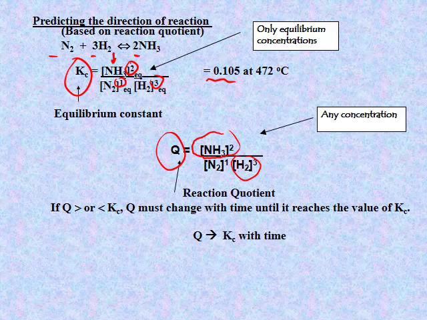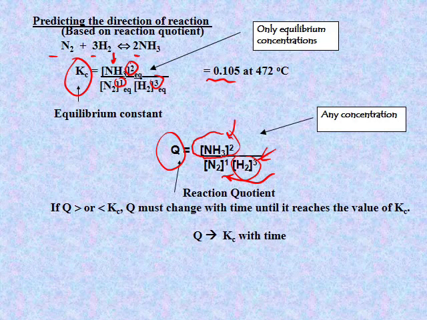Now, this is called the reaction quotient because this could be any concentrations, not equilibrium concentrations. And that's why the Q value would change with time. On the other hand, the equilibrium constant would not change once equilibrium is reached. However, the Q value is going to change from the beginning until it reaches equilibrium.